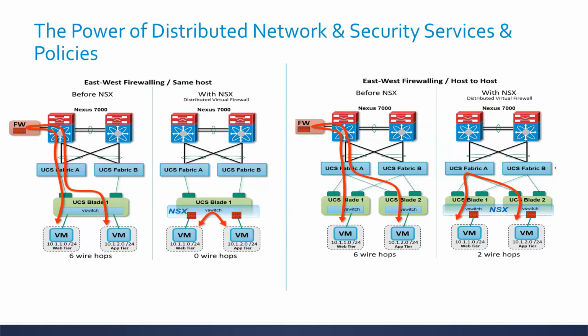Now, if we look at the left, what we're doing is basically explaining the workflow or packet walk to the firewall. Now, this example is within the same host. So we have two VMs, two different subnets on the same host. Now, to the left, we see that it has 6 hops going from the VM to the UCS blade to the fabric interconnect to the Nexus 7K, hitting the firewall for its resources, then it comes back down.